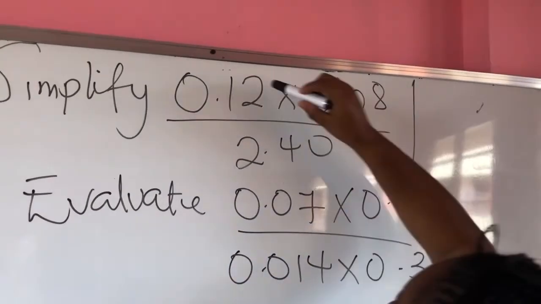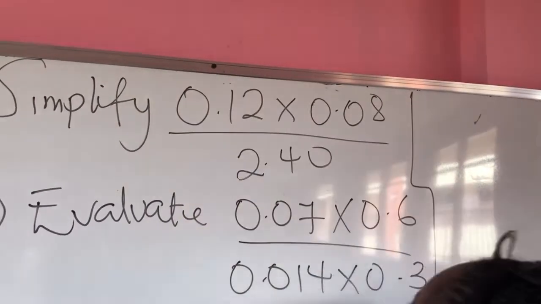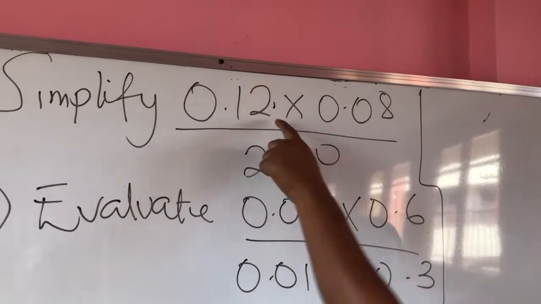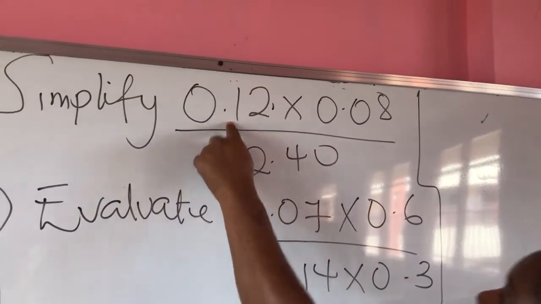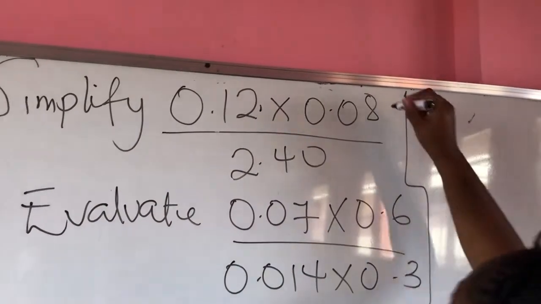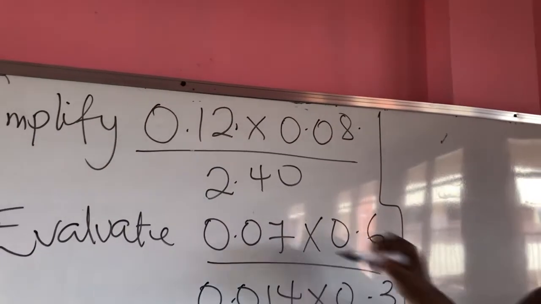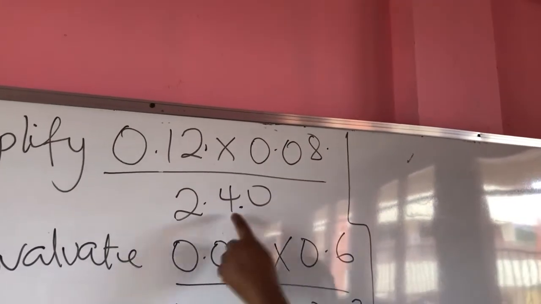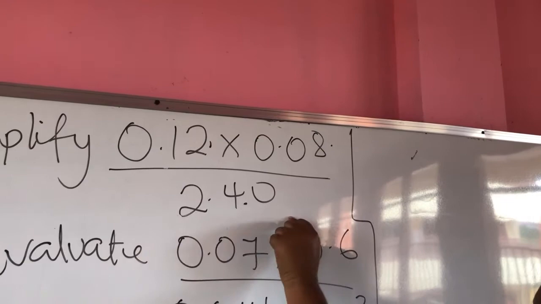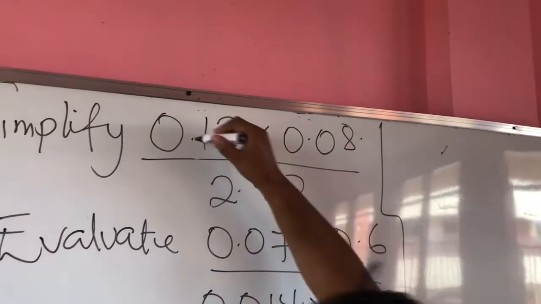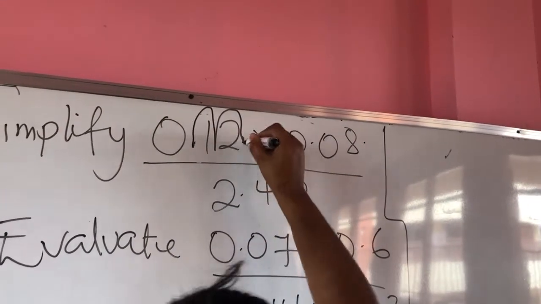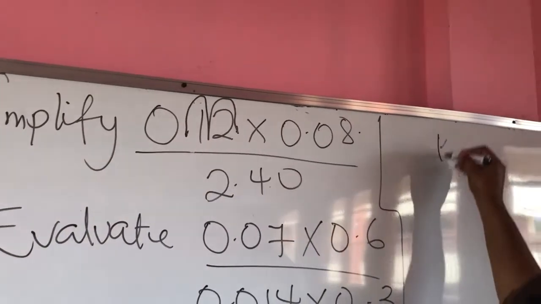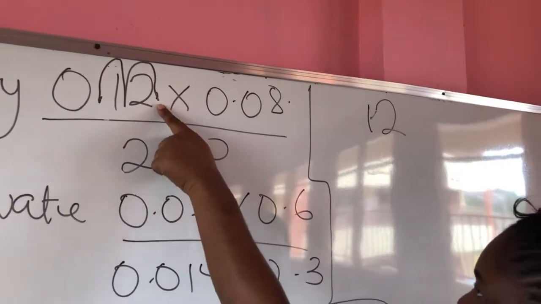Now the idea is what? Let's move the decimal point to here to have a whole number, which is 12. So this one we're also moving the decimal point to here to have 8. We are moving the decimal point here to have 24. When I get here, I will explain this to you. So let's move. We are moving 1, 2. So we have 12 here because our point is now here.